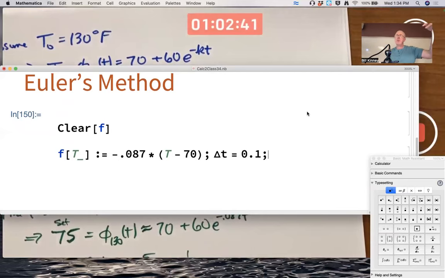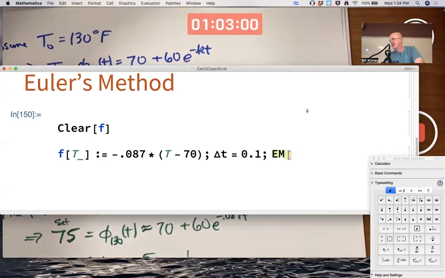In general, they might be y values. What name should I give to this function? Pretty much anything you want except f or t. I use a two-letter name. I typically do EM. Why EM? Because it stands for Euler's method. That's why.